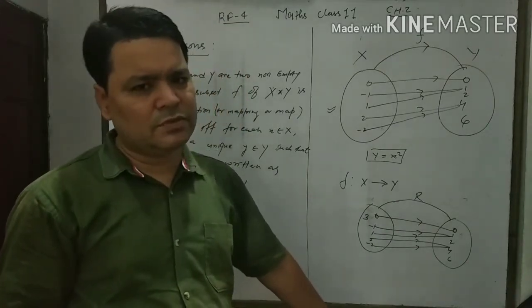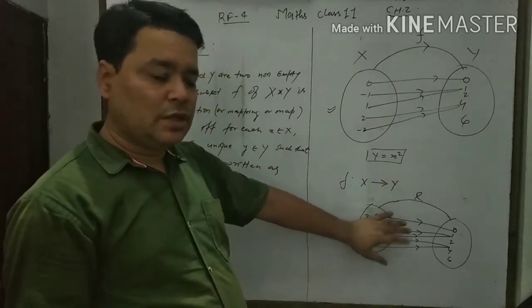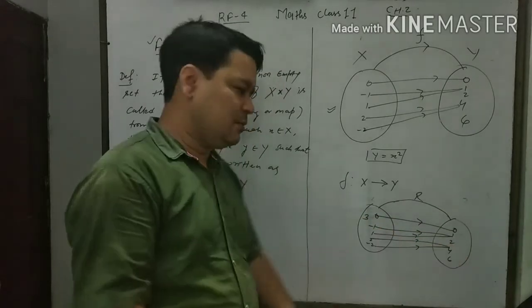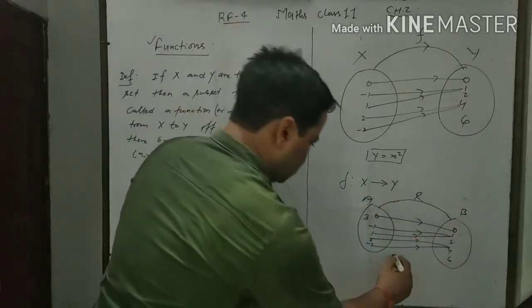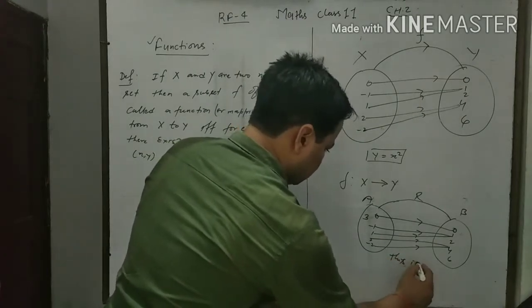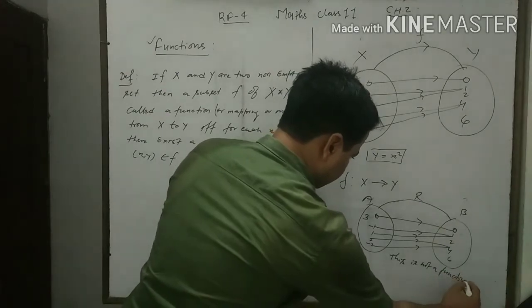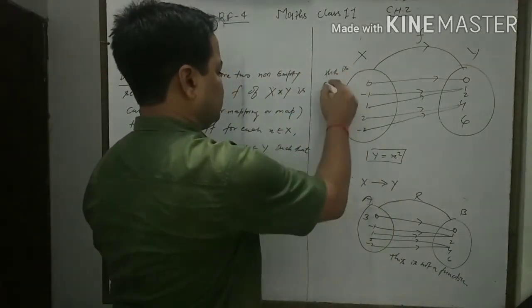What is the condition of a function? Each element of the first set should be related to a unique element of set B. If this is A, this is B. Therefore, this is not a function. And here this is a function.